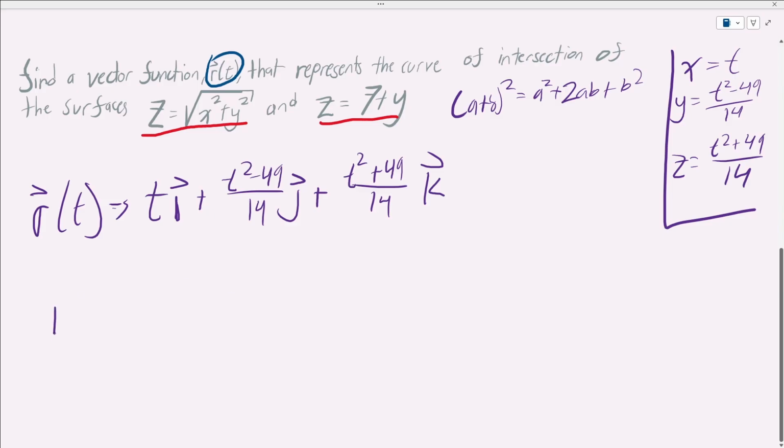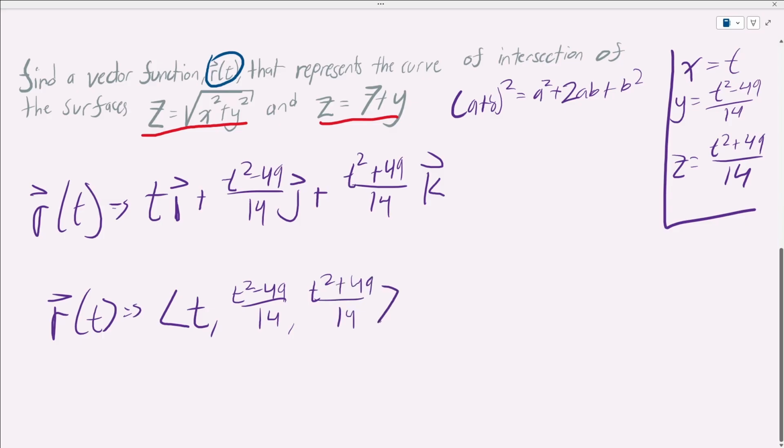Or if we were to write it with our brackets, it would just be t, t squared minus 49 over 14, and then t squared plus 49 over 14. And then these two are both valid solutions.